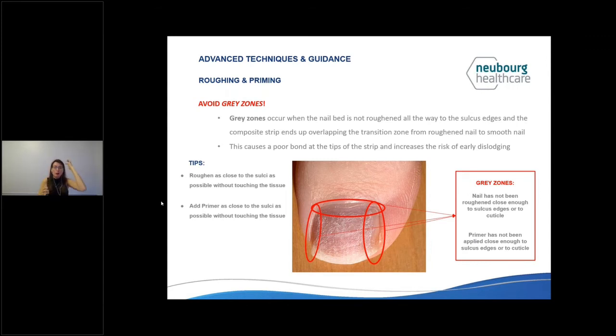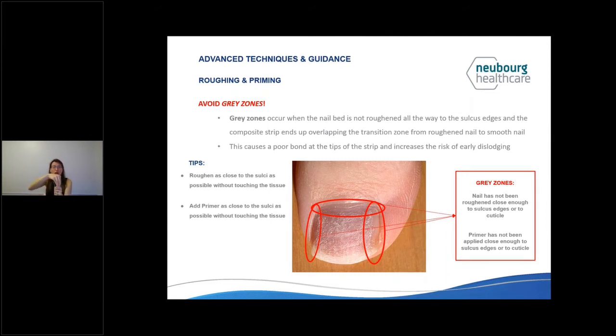The issue is that, especially if you're in a bit of a hurry, you get roughing in the center, and then as you go closer and closer to the edges, the roughing gets less and less until there's no roughing at all.